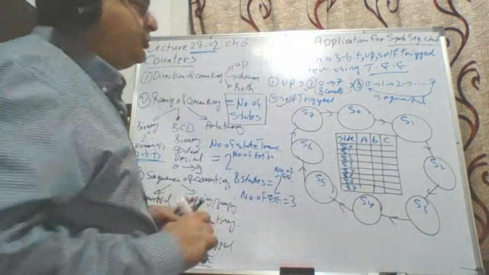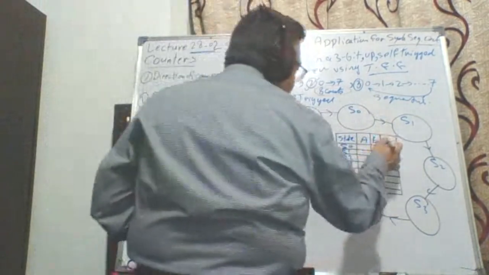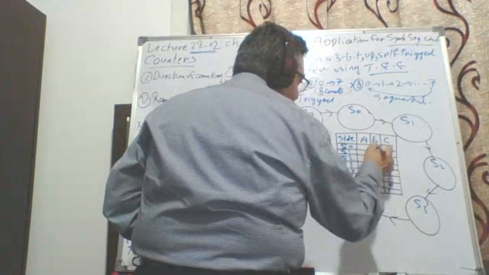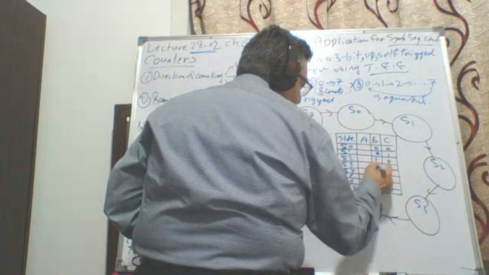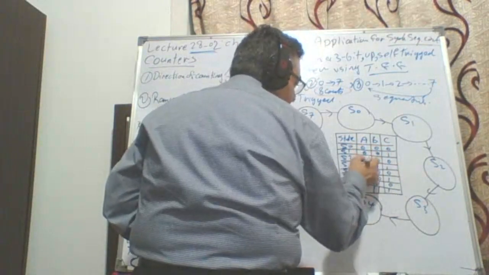Okay? So I have to do what's called the state assignment. State assignment, we go sequentially. So 0, 1, 0, 1, 0, 1, 0, 1, then 0, 0, 1, 1, 0, 0, 1, 1, then 0, 0, 0, 0, 1, 1, 1, 1.